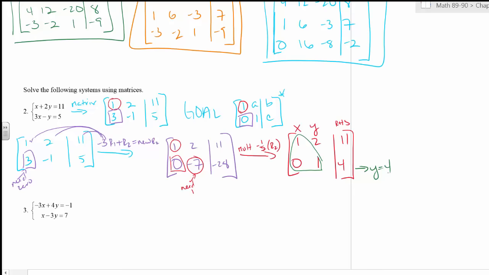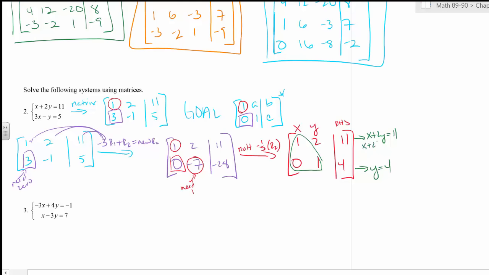Now you can go back up and plug that into the top equation, which is not solved for x because the y entry is not 0 up here, but we're close enough. We know that x plus 2y is equal to 11. We can always go back into variable form, but y is 4.